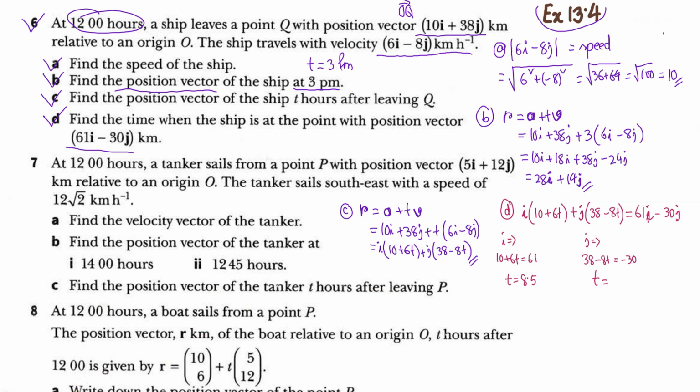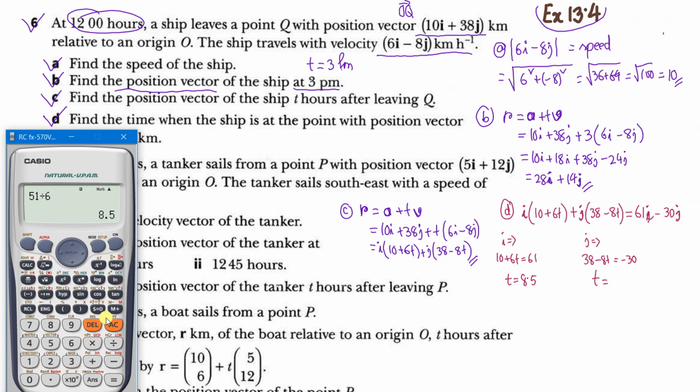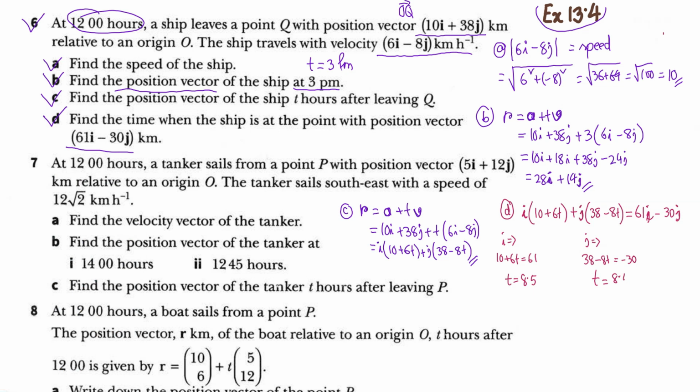We got from there 17 by 2 as well, the same, which is 8.5. So our value of t is definitely correct, because we got both t values the same here, 8.5. After 8.5 hours the ship will be at the position vector 61i minus 30j.